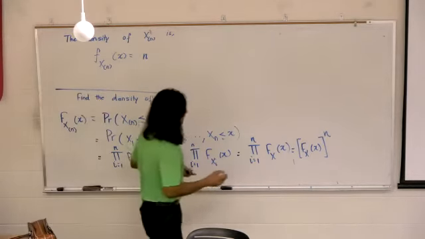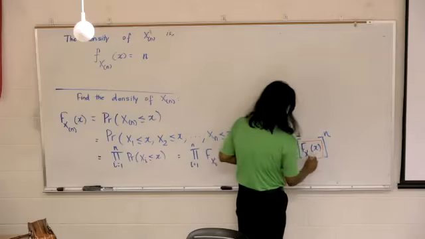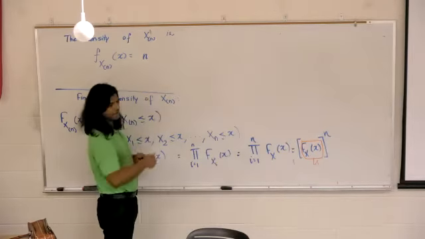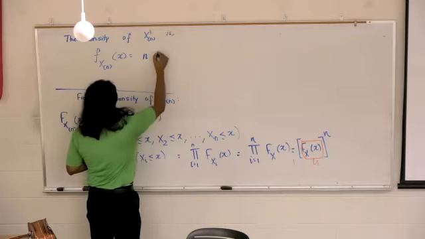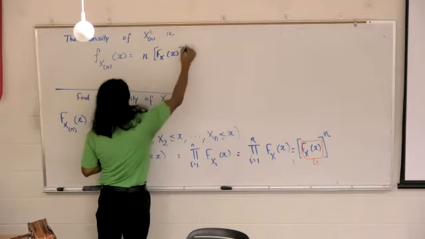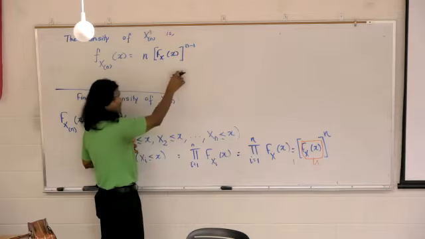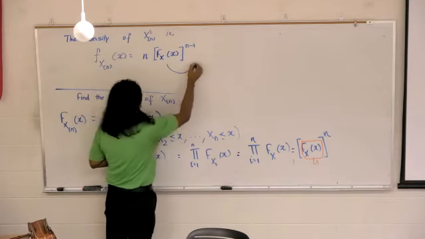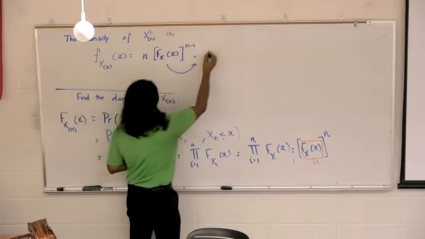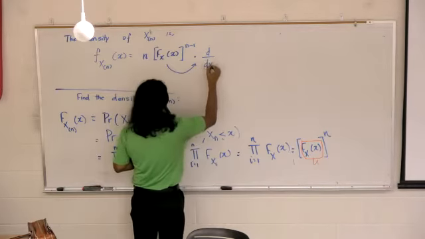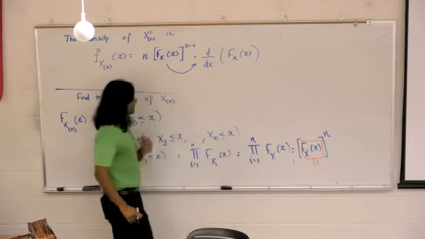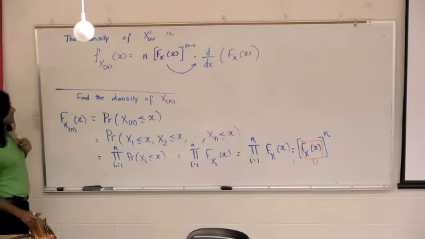This is u, a function of x, so n u raised to n minus 1, multiplied by u prime, the derivative of F_X(x). What is the derivative of the CDF? The PDF.